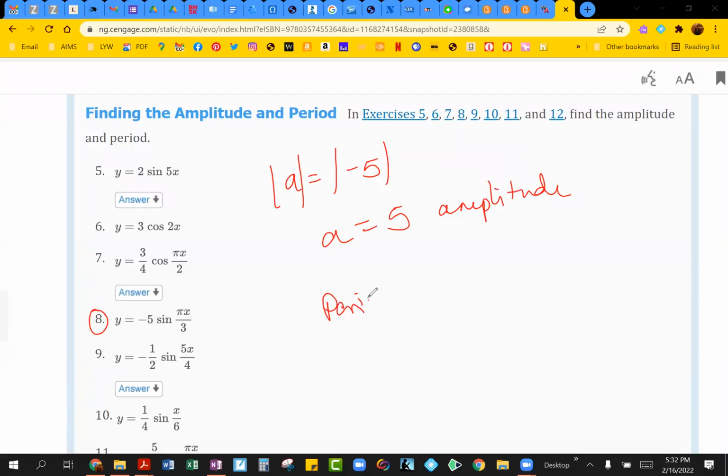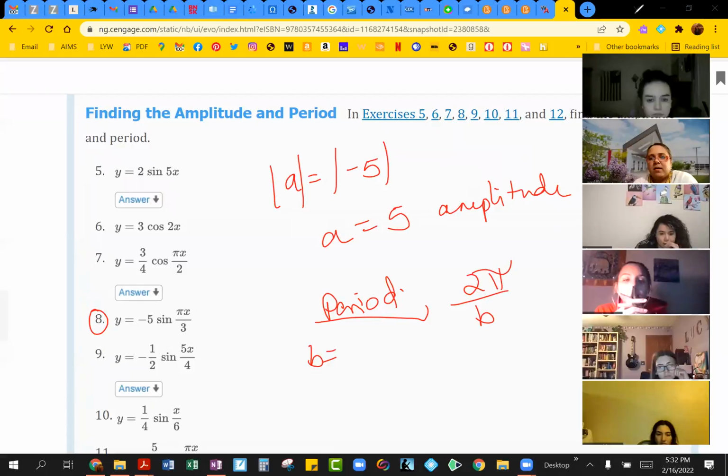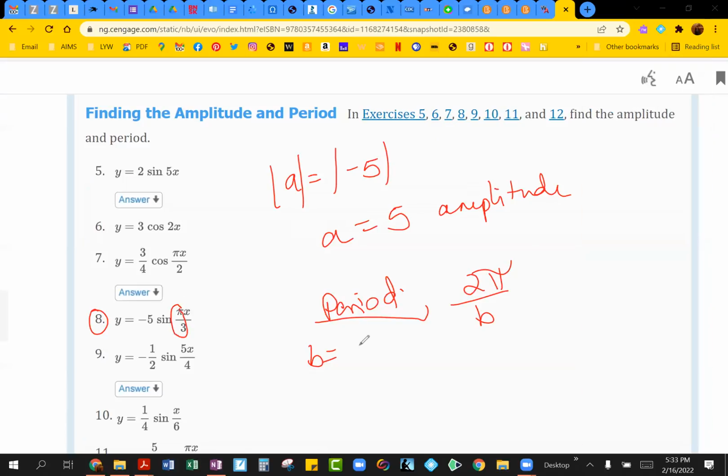For the period, again, we have to do 2 pi over B. Can you tell me what the B value on number 8 is going to be? B value for number 8. Pi over 3. Yes, because only the X is not part of B. So it is going to be pi over 3. So don't leave the pi behind, guys. Pi over 3 makes the B value.